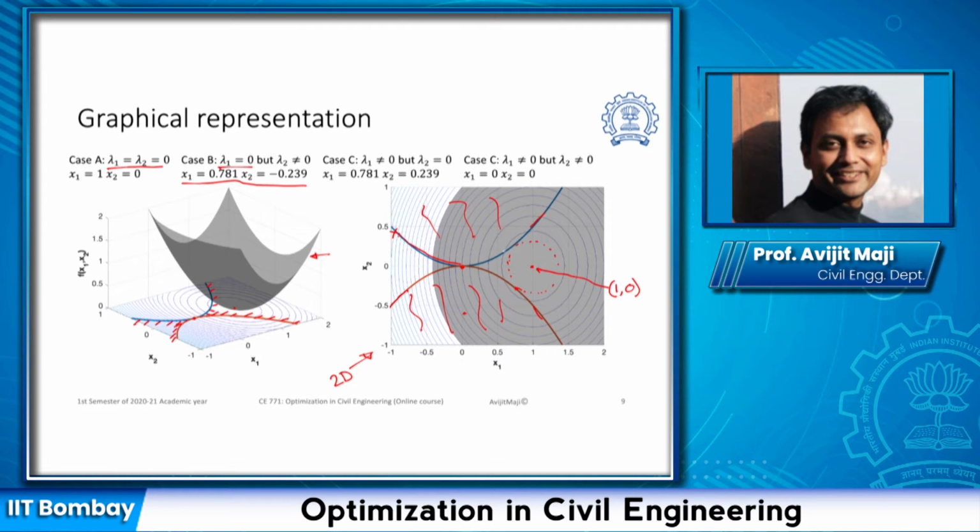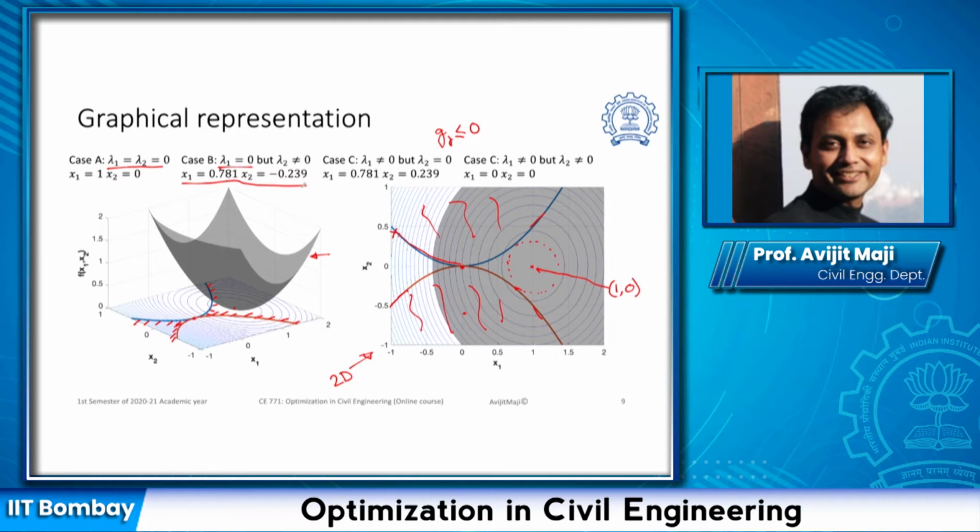Now, looking into this point, we had the other condition where we said in the Kuntakar condition that Gj should be less than or equal to 0. If we try to fit this particular solution to the two different constraints, we'll find that this point violates the first constraint, however it satisfies the second constraint.